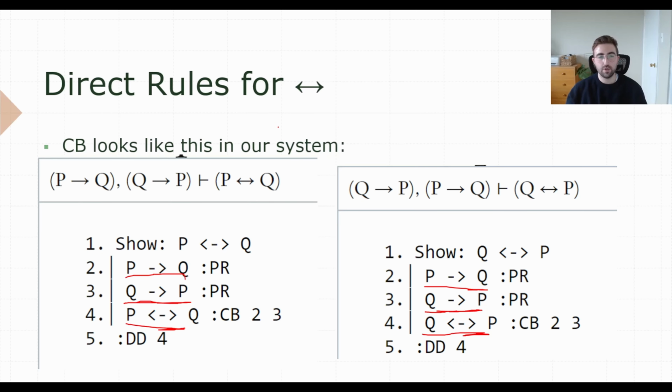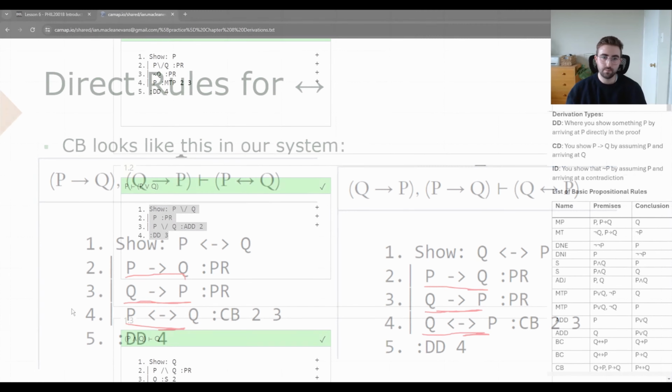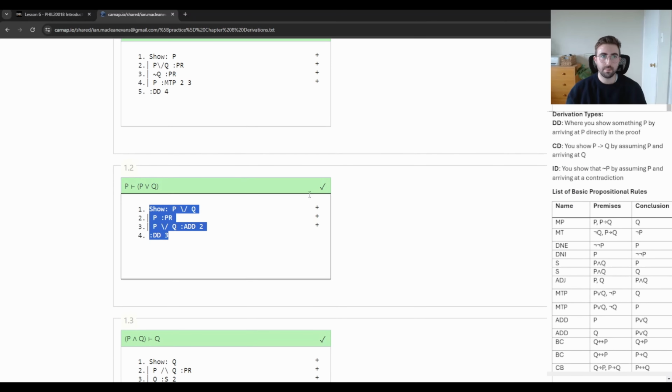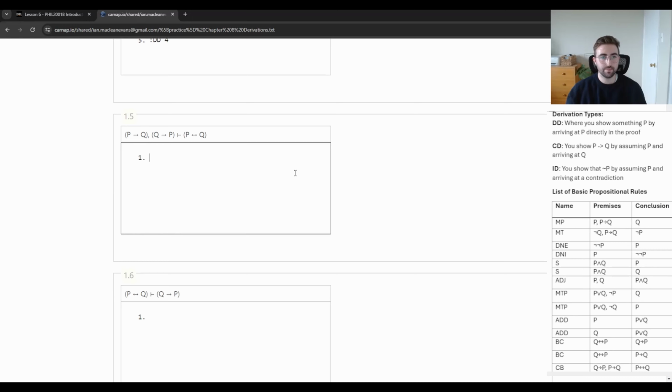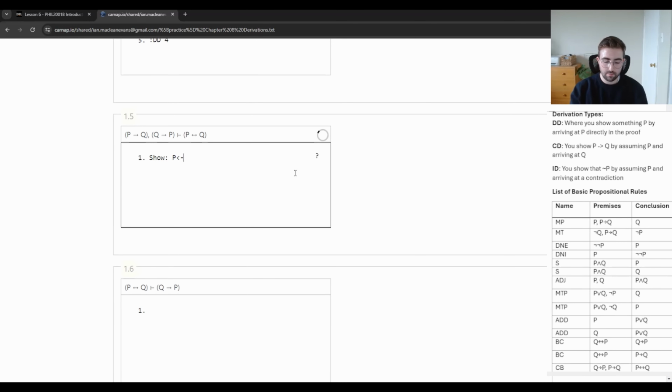Okay, so let me show you how that looks in our system, step by step. All right. So in this case, we want to show P double arrow Q. We have P arrow Q as a premise. We have Q arrow P as a premise. And now what are we going to do to get this double arrow? Well, we can use our new rule, conditional biconditional, because in this case we're going from conditionals to produce a biconditional.